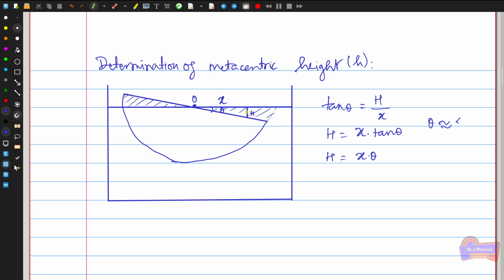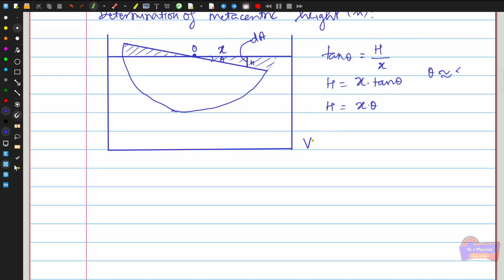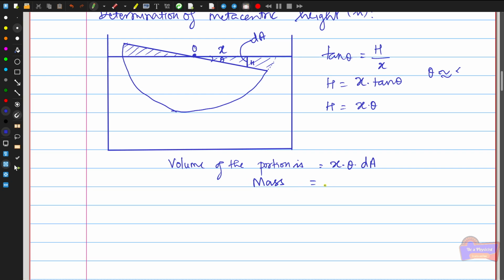The area of this small portion is considered as dA. Then I can find the volume of the prism, which is this height times the small area, so I can write it as x times theta times dA. That is the volume of the portion we have considered, so I can easily find the mass from this volume by taking the density of the water displaced by this portion.